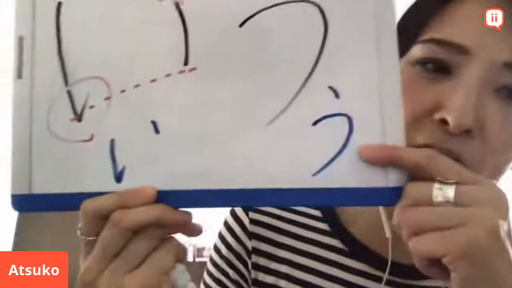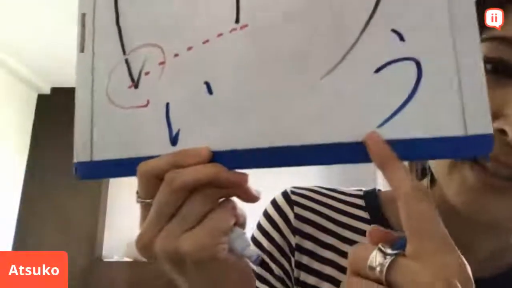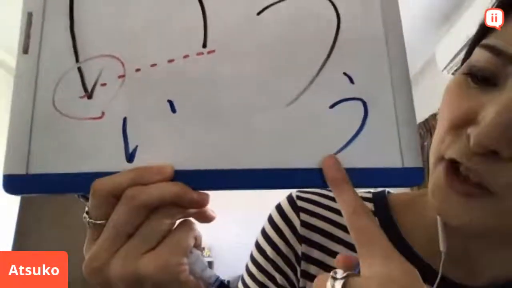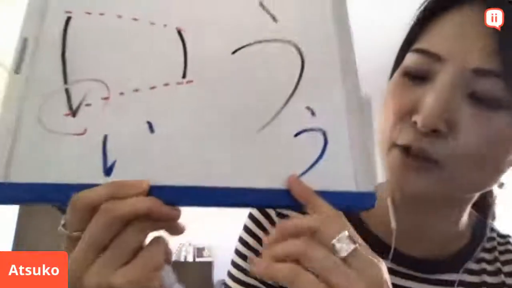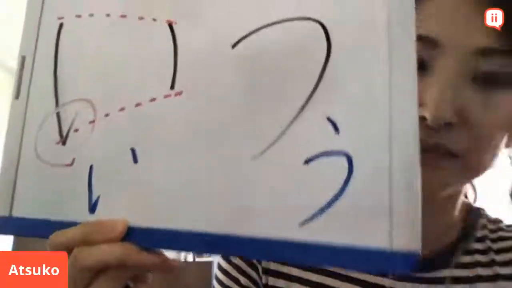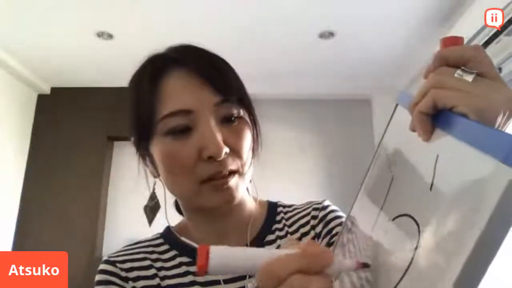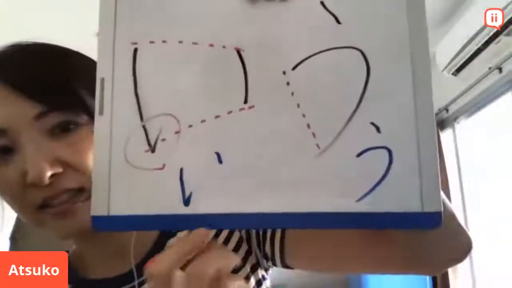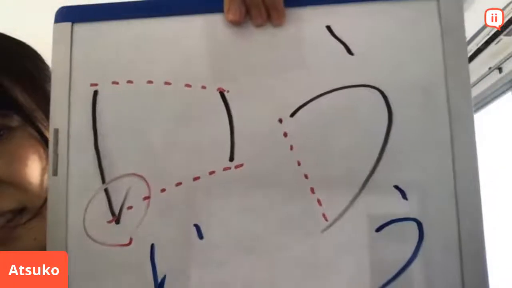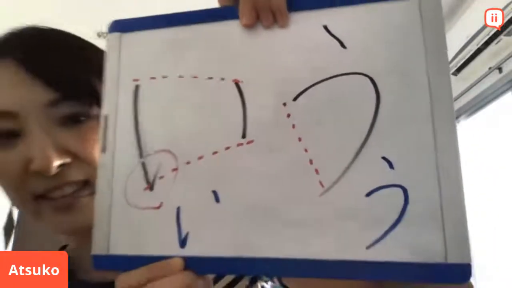That's why it's wrong. The finishing point should be in the center. It's too long. Too long. Okay. Like this. Okay. Next, A and O.